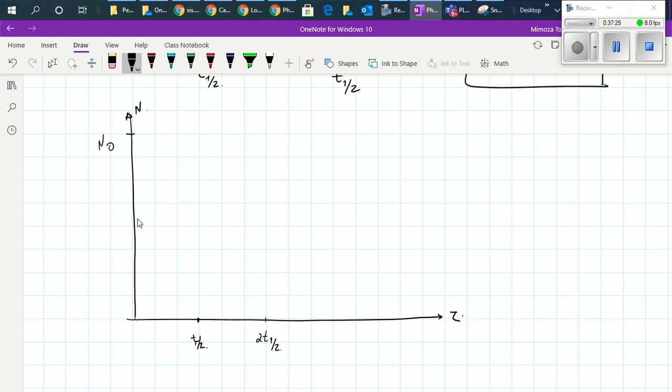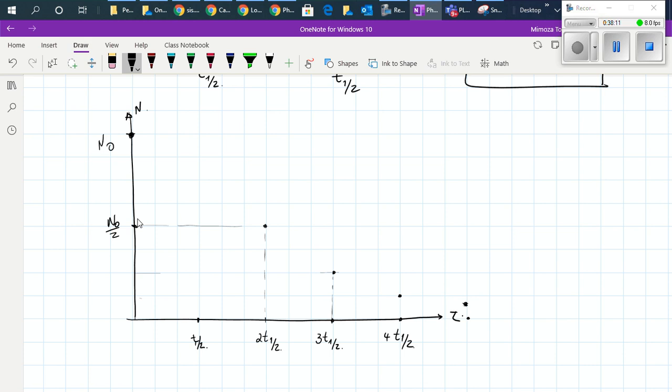Half of N0 will be here, and the line will be this one here. 3 half-lives will be half of it, this point here. 4 half-lives will be half of it. 5 half-lives will be here, half of it.